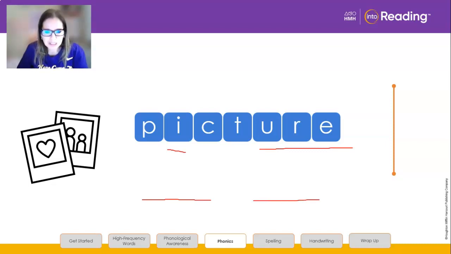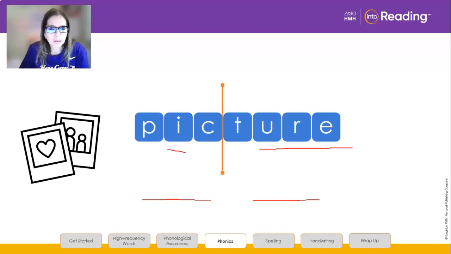Something else we can notice in this word. This final stable syllable, T-U-R-E, is also one of those hunks and chunks that we practice in the phonics dance. T-U-R-E, that creature has nice features. So this final stable syllable, T-U-R-E, is chur. That creature has nice features.